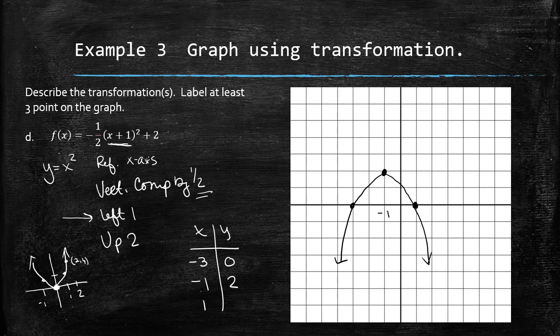Okay, so when I personally graph things by transformation, I use the transformations to get an idea of what the graph is going to look like, but then I do kind of switch over to coordinates. The book sometimes will take an ordered pair such as like 2, 4, and then they'll move it all around, right? So you move this coordinate to the left and up and reflect it and do all those things. I prefer to just list the transformations so I know what's going to happen, so I have a picture in my mind of what the final graph should look like, but then I switch over to plotting points and try to pick points that work out nicely, right?